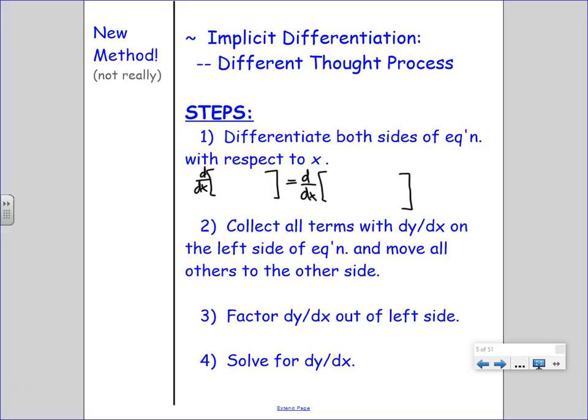There is no just write dy/dx and then take the derivative. I have to take all the mixed up stuff on the left, all the mixed up stuff on the right, and just take d/dx of both sides. That's step number 1.